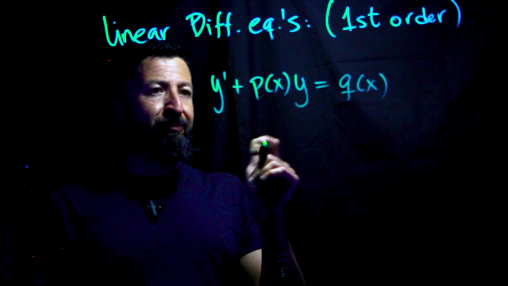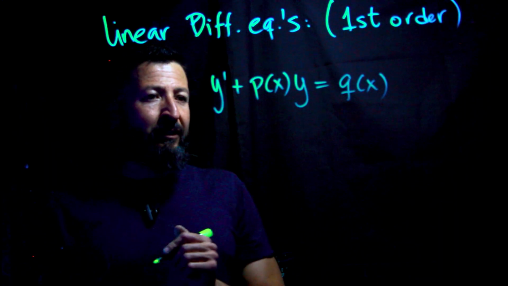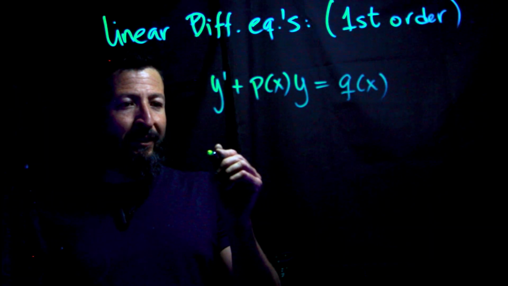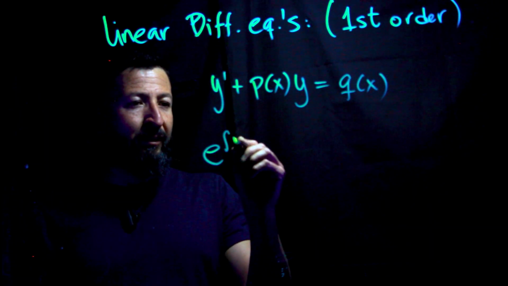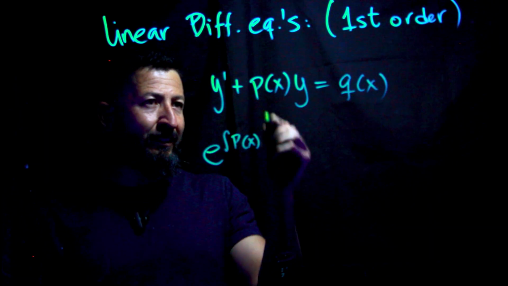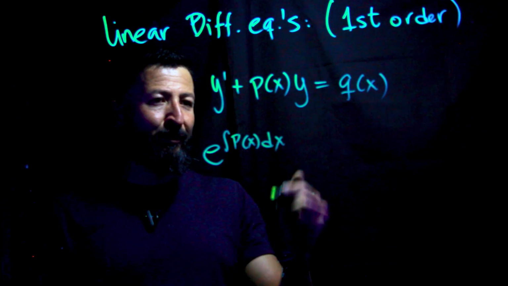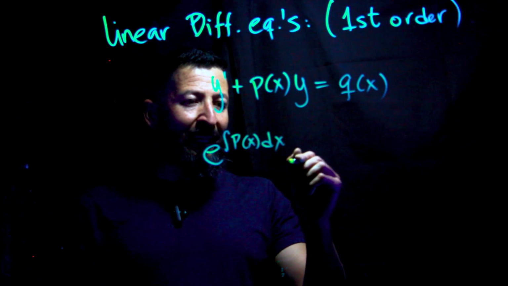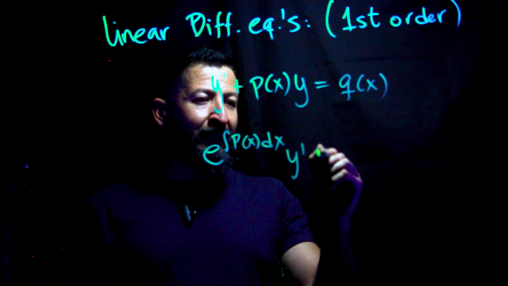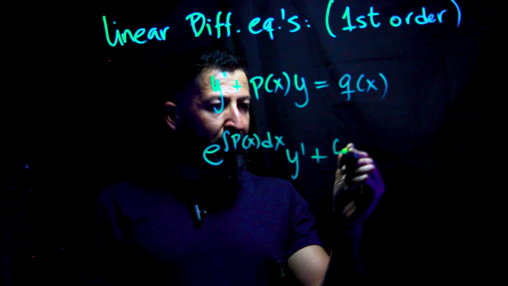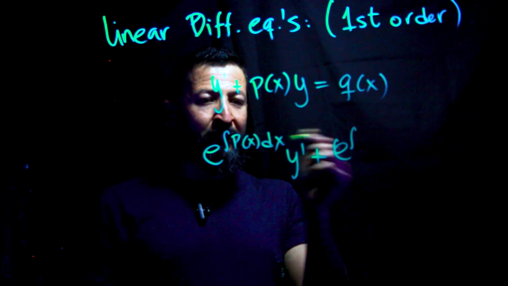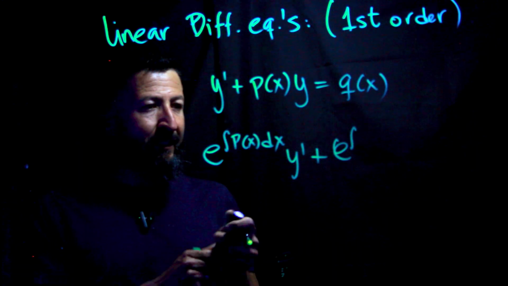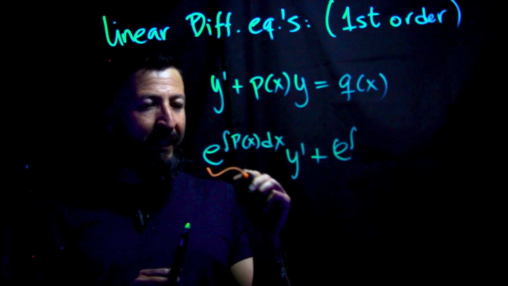What you can do is multiply everything times e to the integral of p of x dx. And this is called the integrating factor, by the way, that we will just call IF.